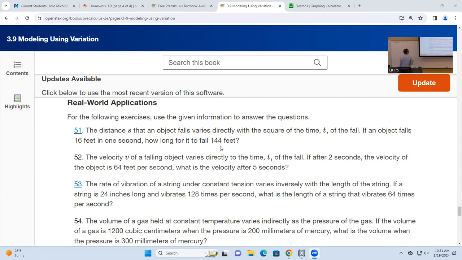If an object falls 16 feet in 1 second, how long will it take to fall 144 feet?